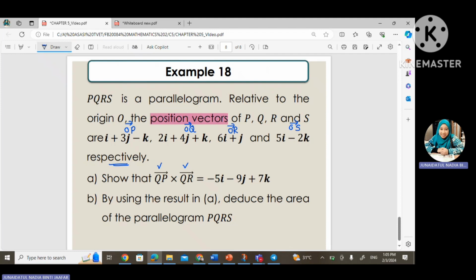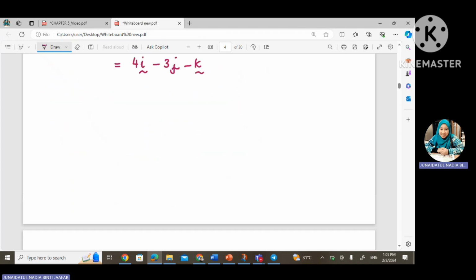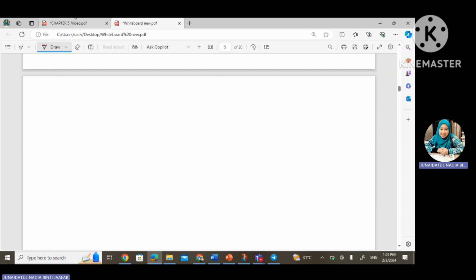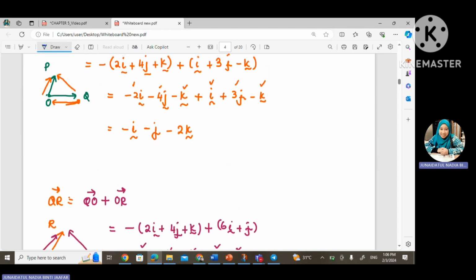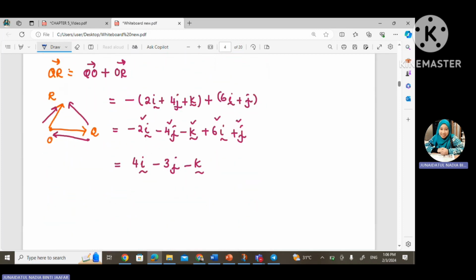So we must show that QP cross QR is equal to negative 5i minus 9j plus 7k. So we must find the cross product of these two vectors. We have QP cross QR, so we have i, j, k. First, substitute vector QP, which just now is negative i minus j minus 2k.